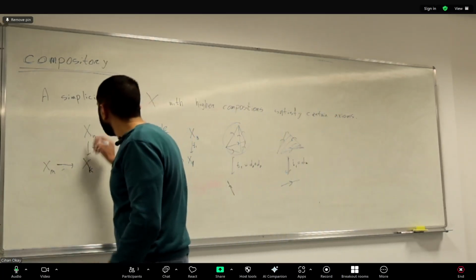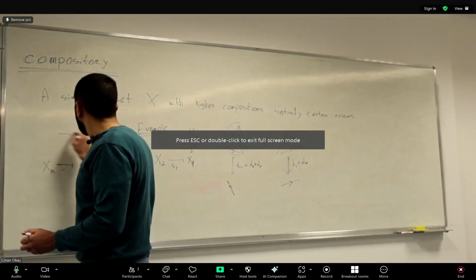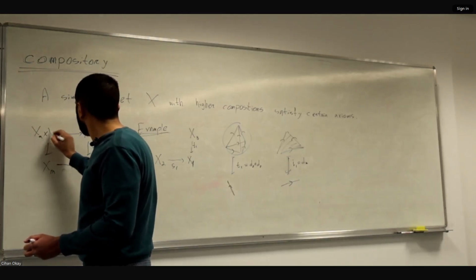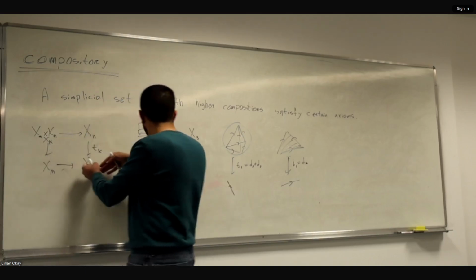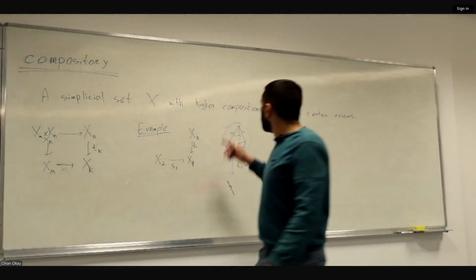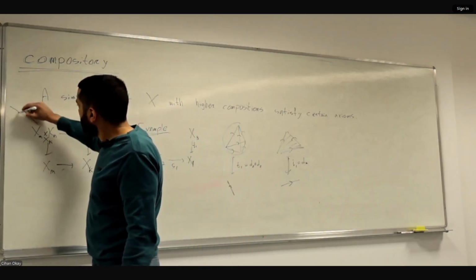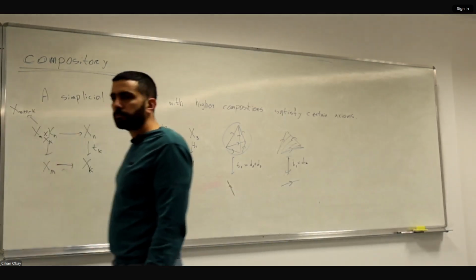If I have some object in the limit of the pullback of this, what does that mean? That means one element from here and one from here that coincide. Then the composition gives a map to X_{m+n-k}.